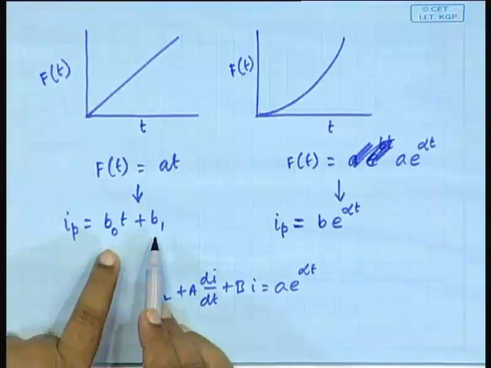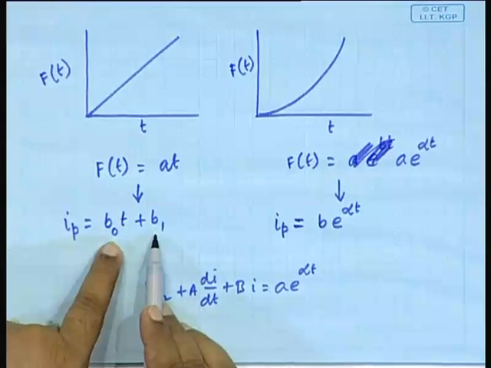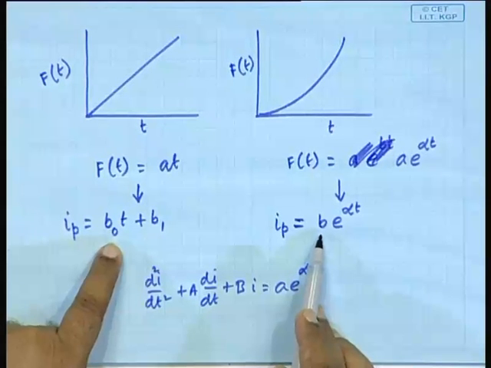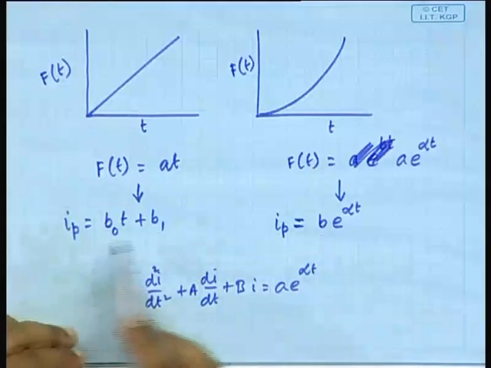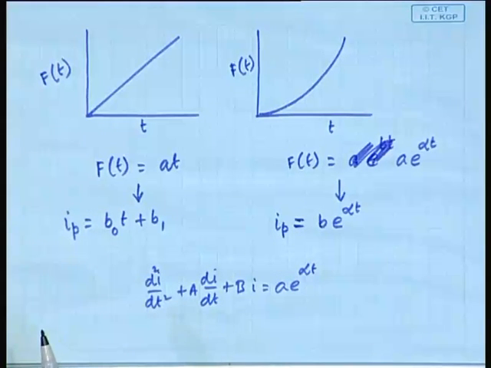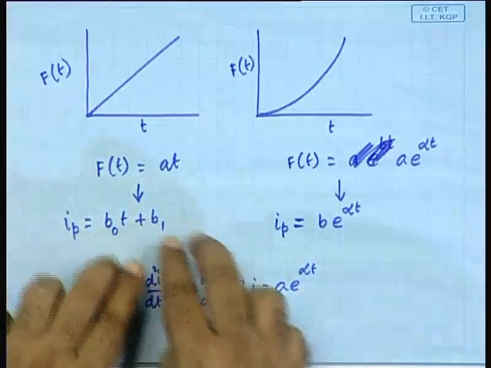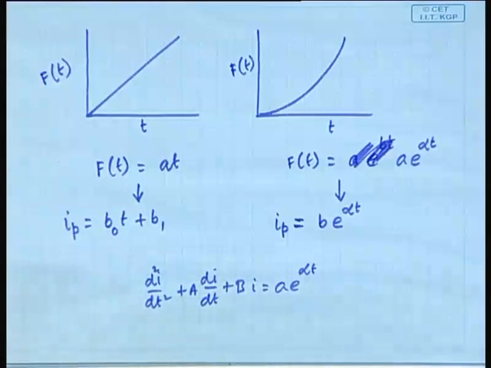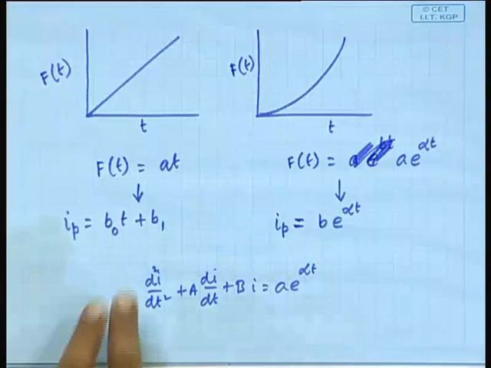In this case, what are the unknowns? B0 and B1. In this case, what is the unknown? B only. So, how do you obtain these? The method of obtaining these is to plug it into the equation and then solve it. That is how you solve. In this case, what will happen?